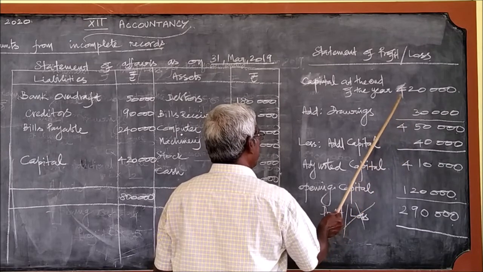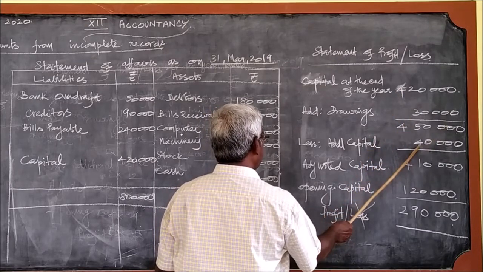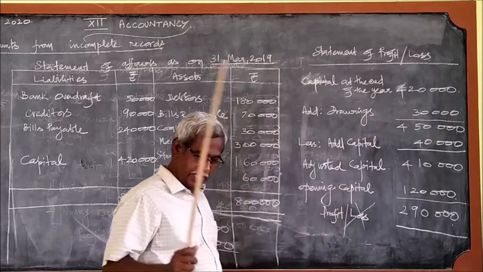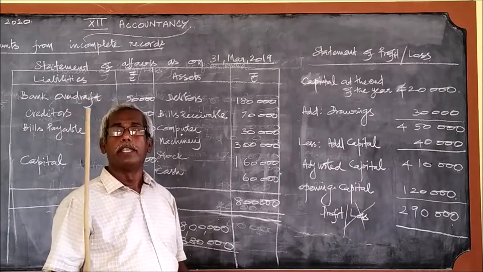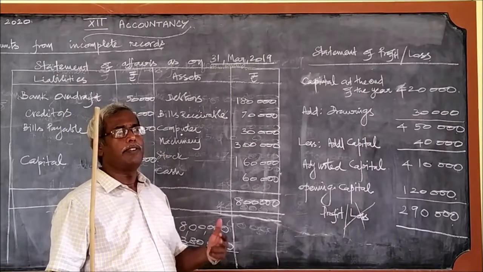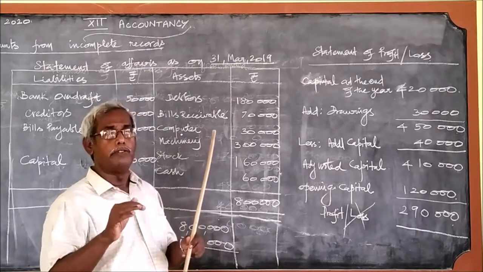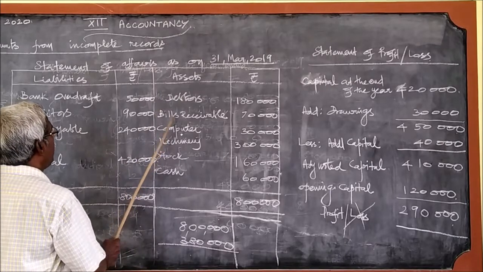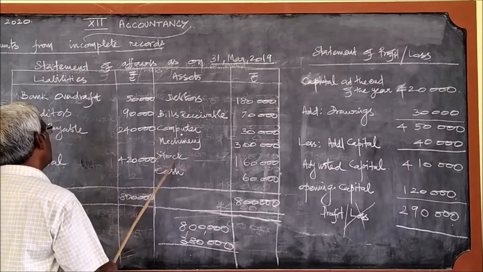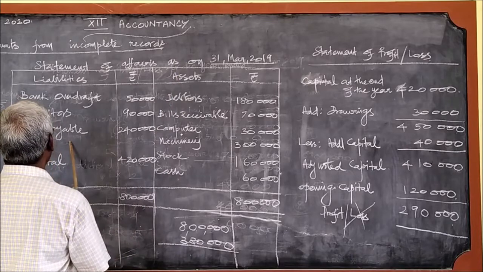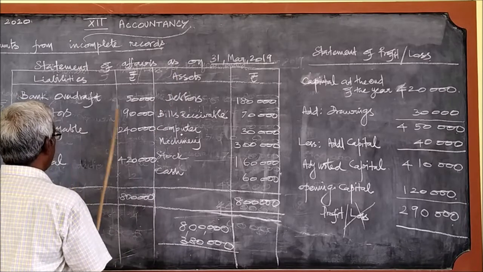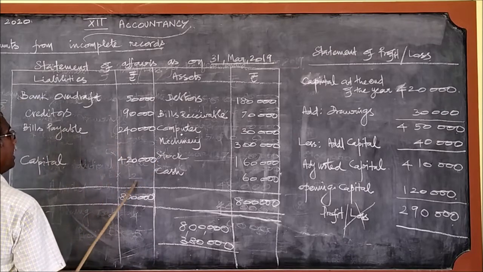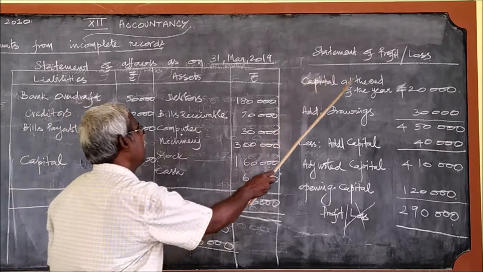We are given drawings, additional capital and opening capital, but the capital at the end is missing. It is not given, but instead there are some items in the name of assets and liabilities from which we should find the capital at the end of the year. So we have divided the given 9 items as assets and liabilities, and we have found the balancing figure, which is called the capital, and that capital is written there.